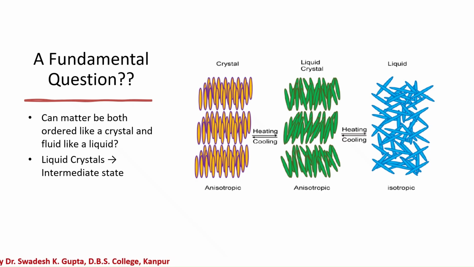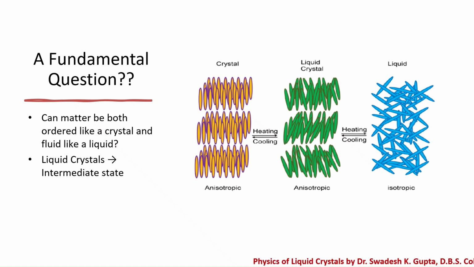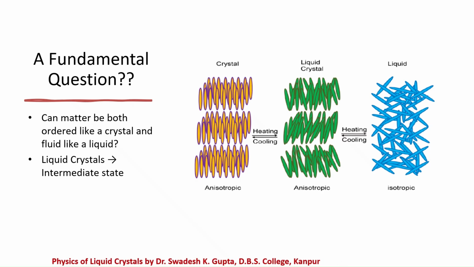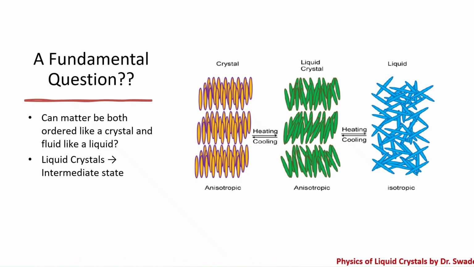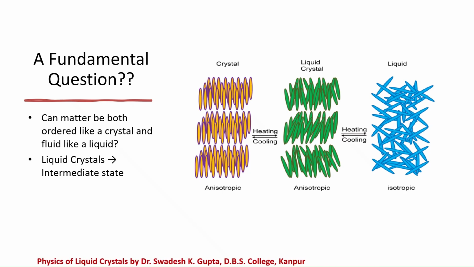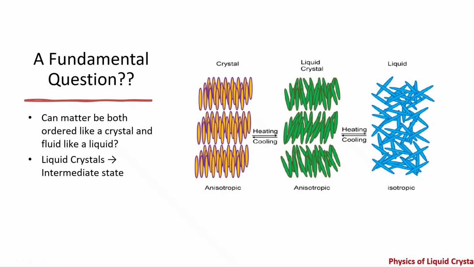Now the question again is, what is liquid crystal? To start with, I would say they are not quite liquid, not quite solid, but something in between. We all know the three common states of matter: solid, liquid and gas. But these liquid crystals are special. They exist in an intermediary state of crystal and liquid.